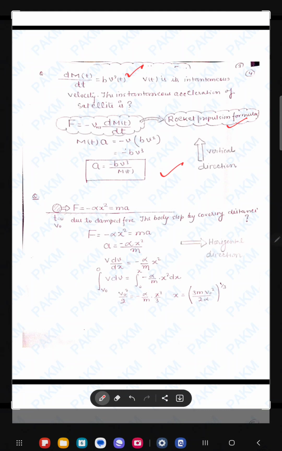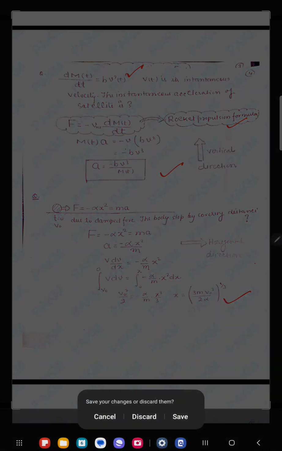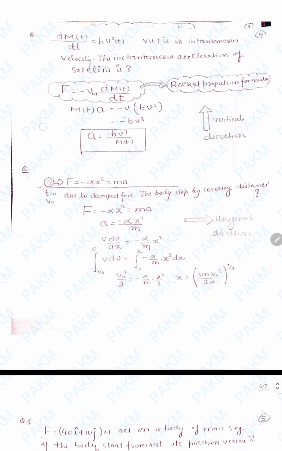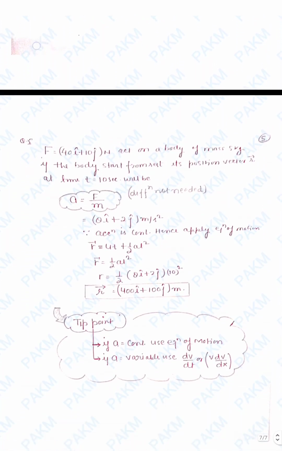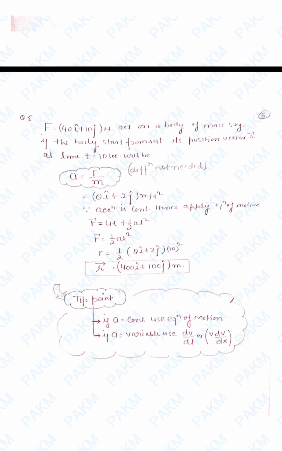Once again, since it is a variable force, we have to put the value in differential form and integrate, so we can get the value of x. So always remember, when variable motion is there, you need to use differential form and then you have to integrate. So this is the basic concept.